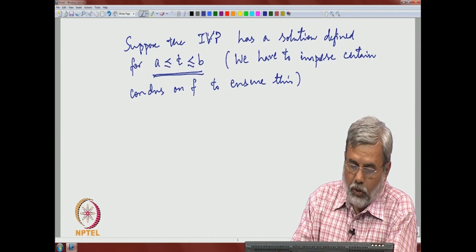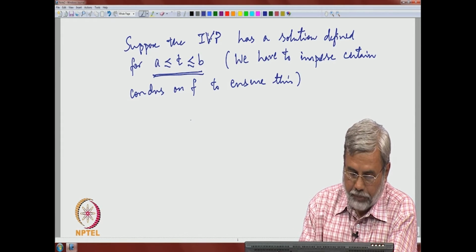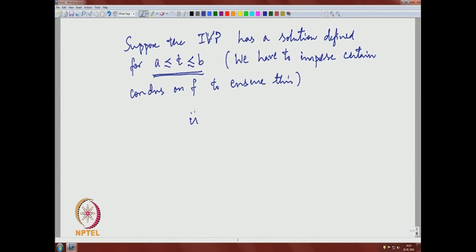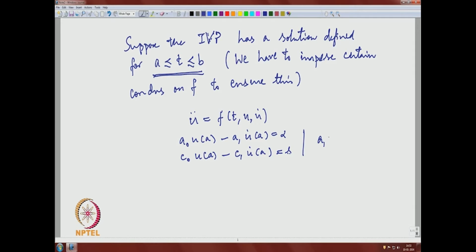Okay. So, we have now the solution. Let me just write again, U double dot equal to F of T, U, U dot, and we have A 0 U A minus A 1 U dot A equal to alpha, and C 0 U A minus C 1 U dot A equal to S. S is at our freedom, and we have normalized so that A 1 C 0 minus A 0 C 1 is 1.